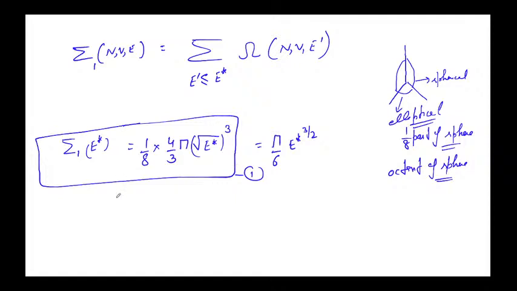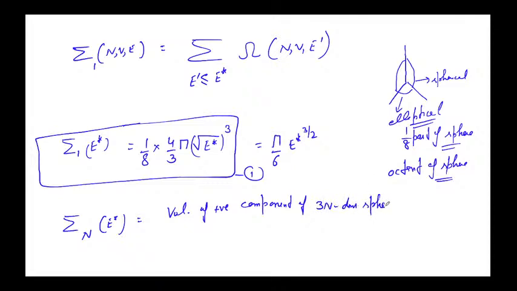Similarly, for N number of particles present in this sphere, we can represent this new microstate as the volume of the positive component of a 3N dimensional sphere.